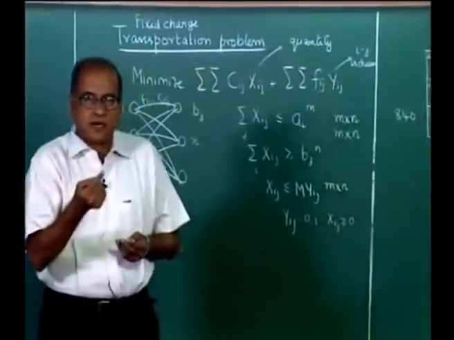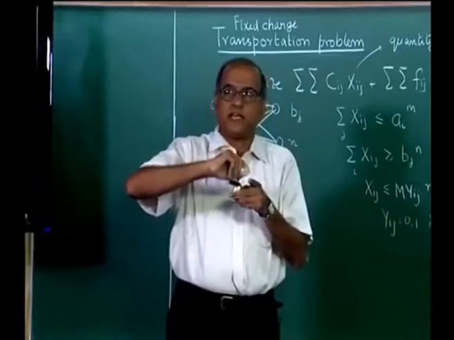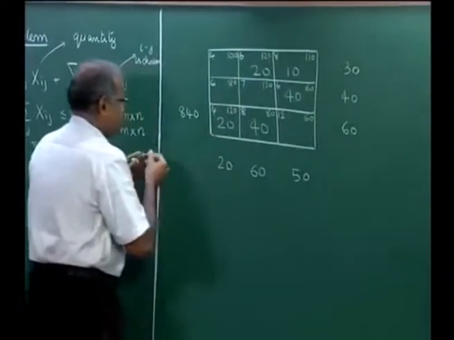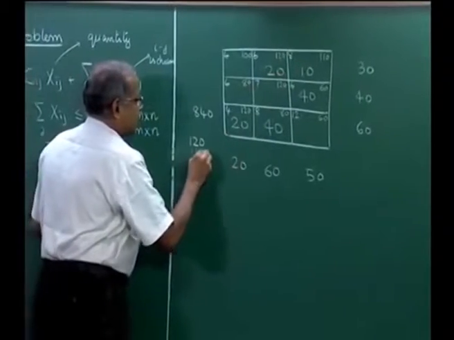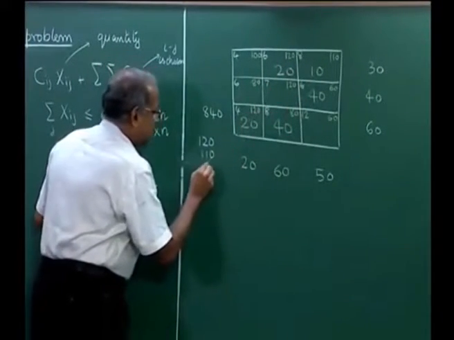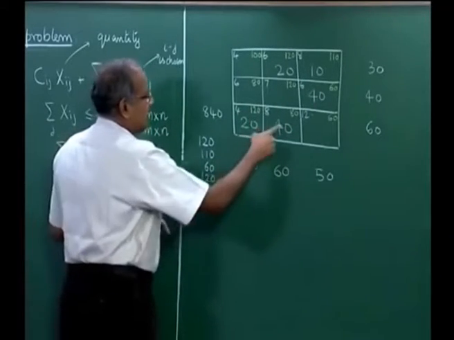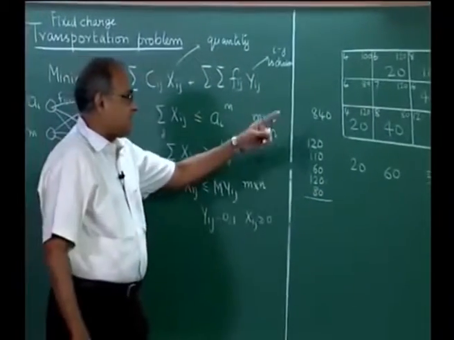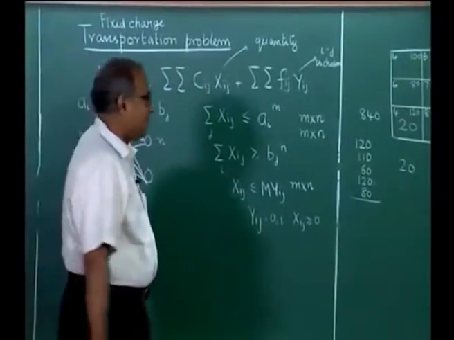Now if we look at this solution and implement the fixed cost associated with the transportation, we would be incurring a 120 here because we have used this, we will incur 110 here because we have used this, we would incur a 60, we have used this, we would incur another 120 and another 80. We have already seen that as a transportation problem there will be 5 allocations here because the problem is balanced and non-degenerate.